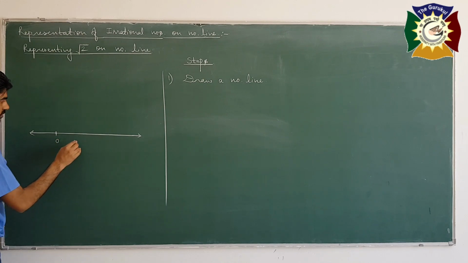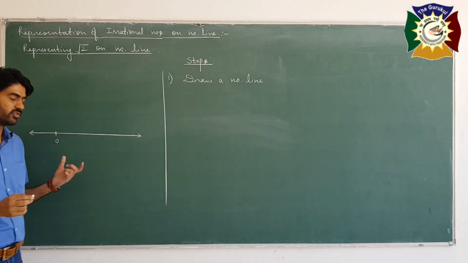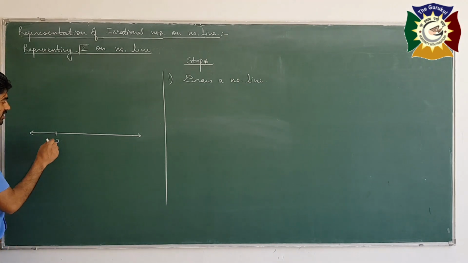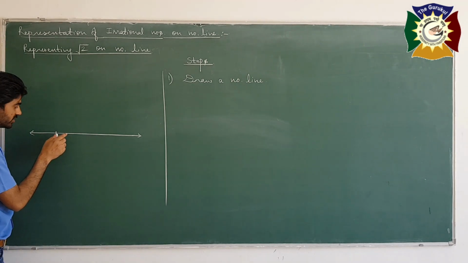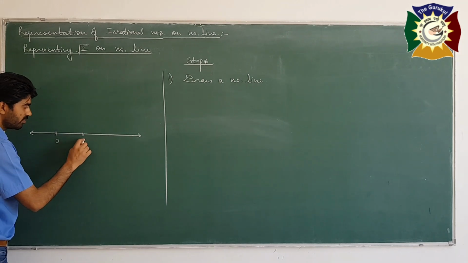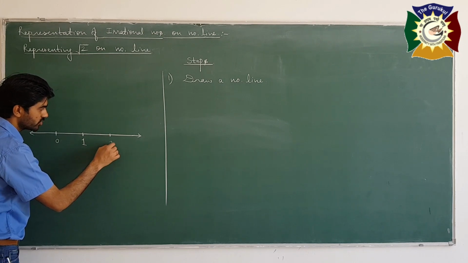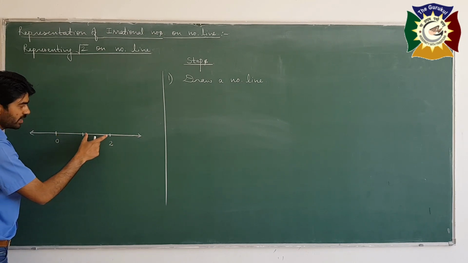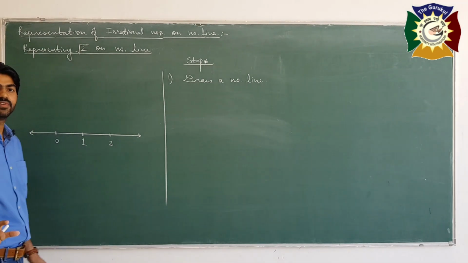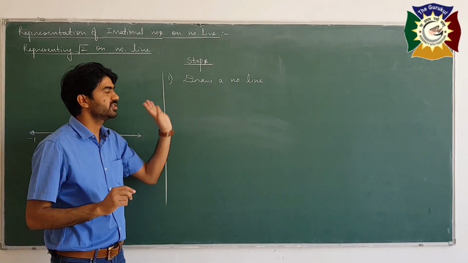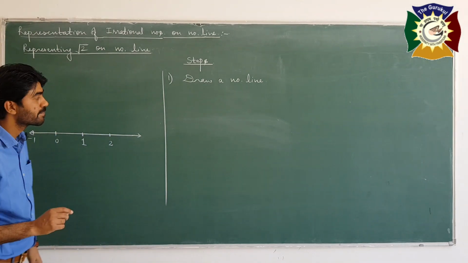Suppose here it is 0. The unit which I take for number line, suppose I take 1 unit to be 1 inch. It means after 0 at 1 inch I will place 1. At second inch again I will place 2 and so on. It means this gap must be equal everywhere throughout the number line. So if this is 1, somewhere here it will be minus 1. Clear? So first step is to draw a number line.